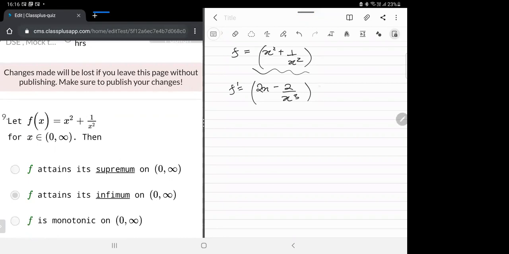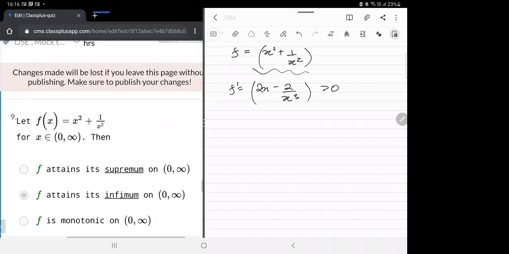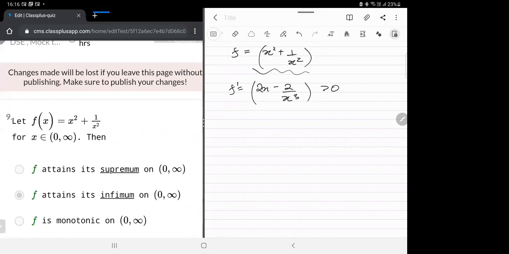So where is this thing going to be positive? Remember that the domain is just 0 to infinity. So only in the positive space. You don't need to consider negative x. So in the positive space, where is this f prime going to be positive?